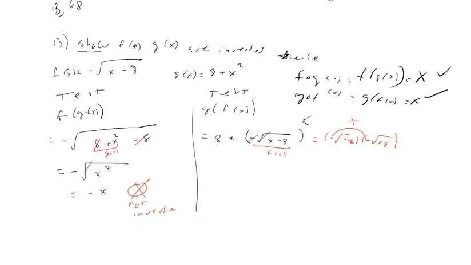You've got to be aware of everything that's going on. When I have these negative square roots, they multiply, they become a positive square root. So what am I going to have here? 8 plus, the negative went away, the square root went away, x minus 8.